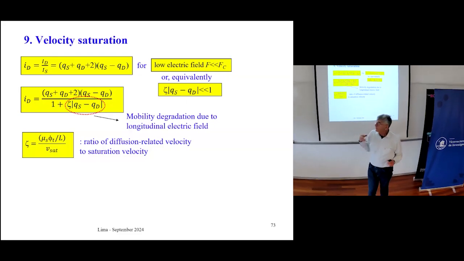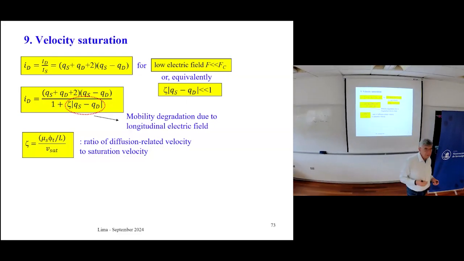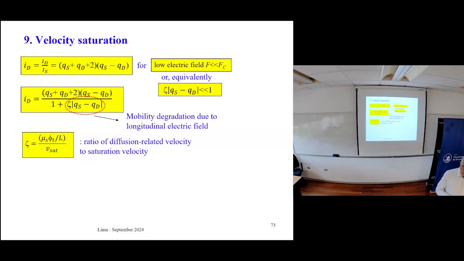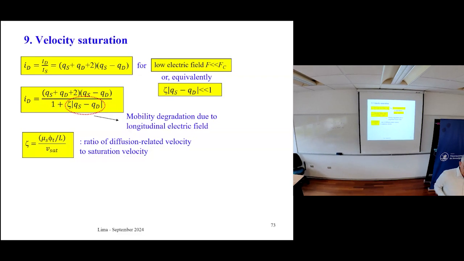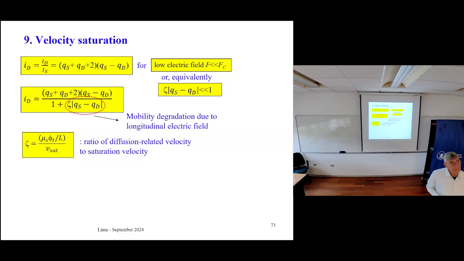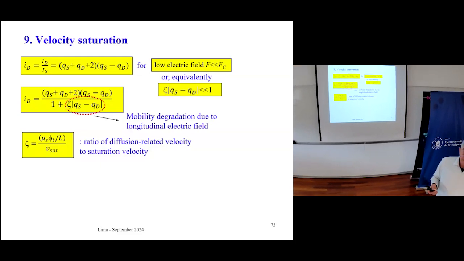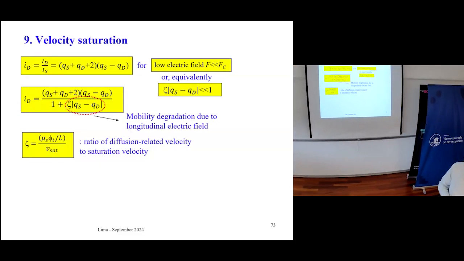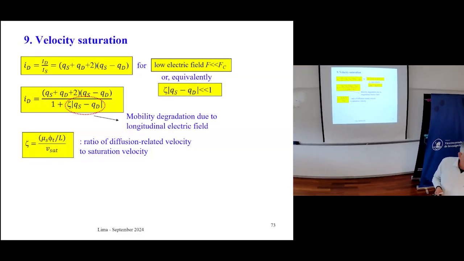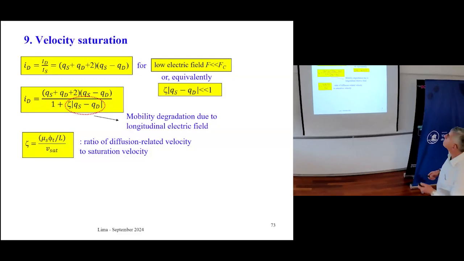Okay. So the inclusion of this term is important for high frequency or high current devices, not for low current devices, because this phenomenon occurs just for very high currents or very high current densities. Typically, this parameter is very important for RF or very high frequency circuits.